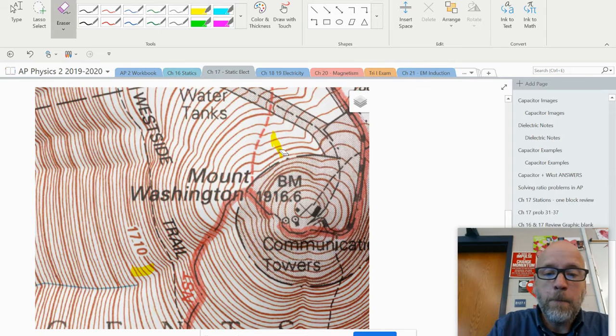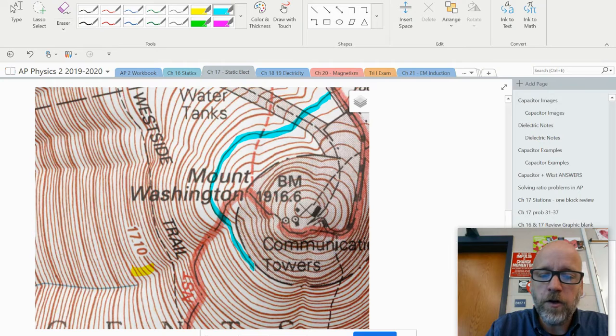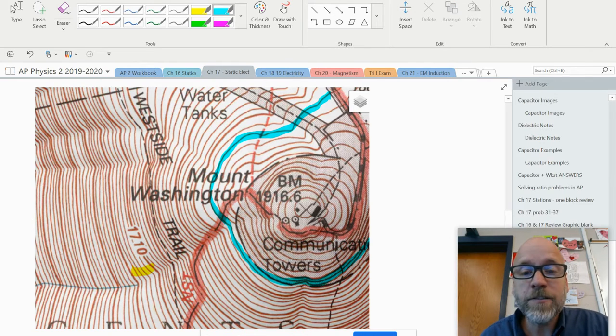But all along this line, the height above sea level is the same. So anywhere along this line, the gravitational potential, the gravitational voltage, would be the same.